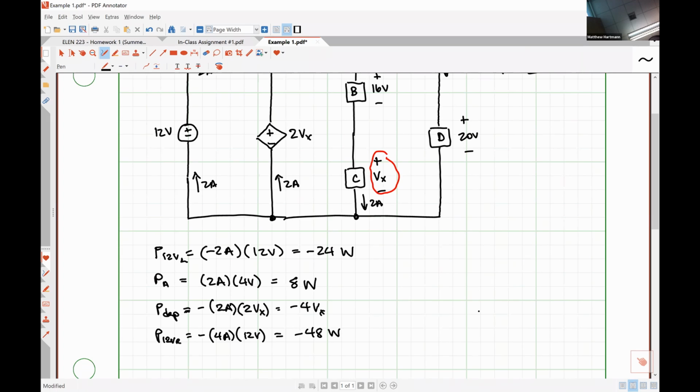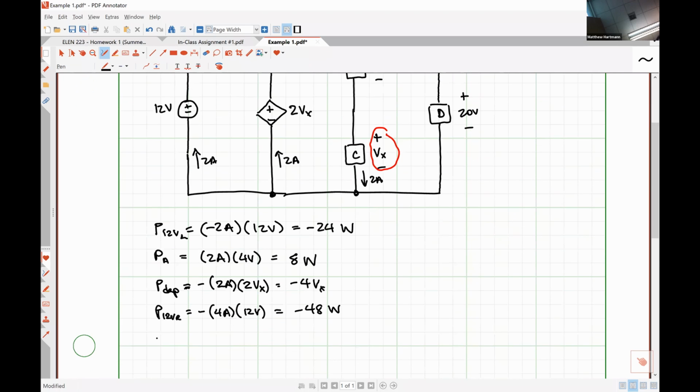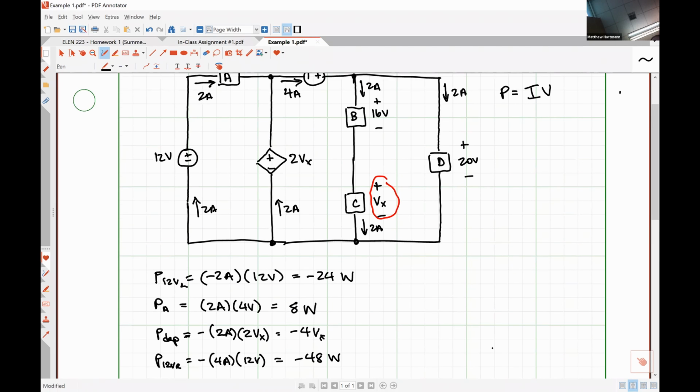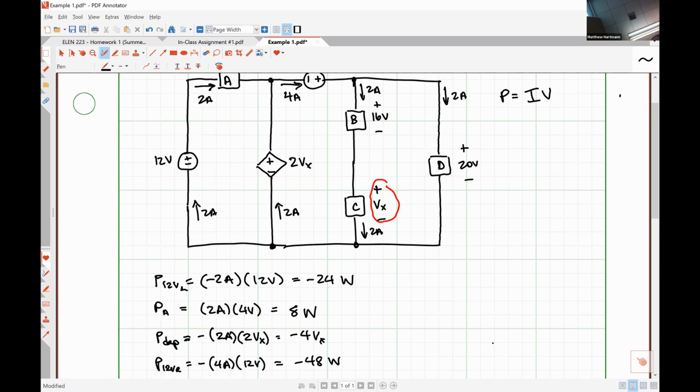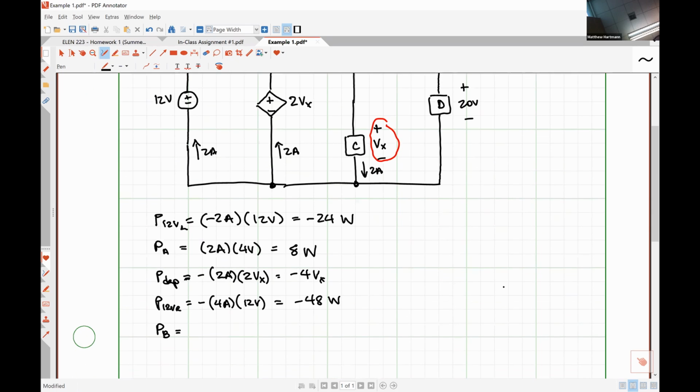We have element B, where 2 amps is flowing into the positive polarity terminal of the 16 volt. So 2 amps, 16 volts, 32 watts. We have element C.